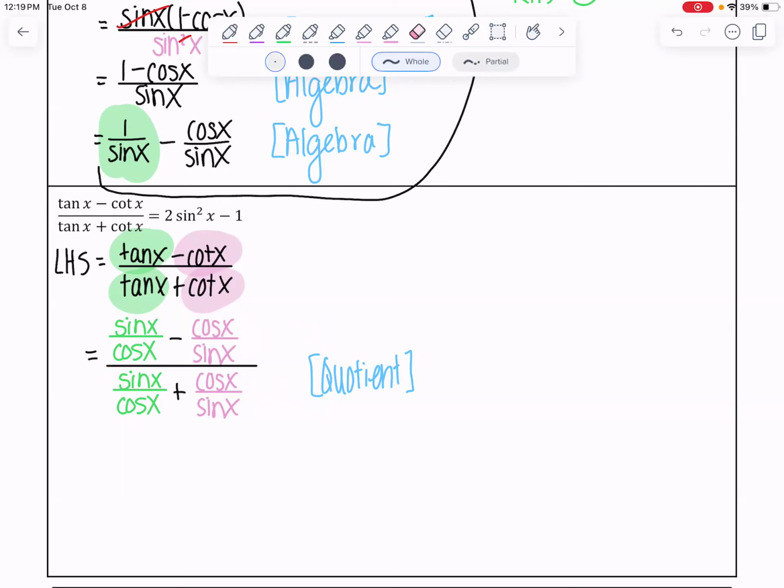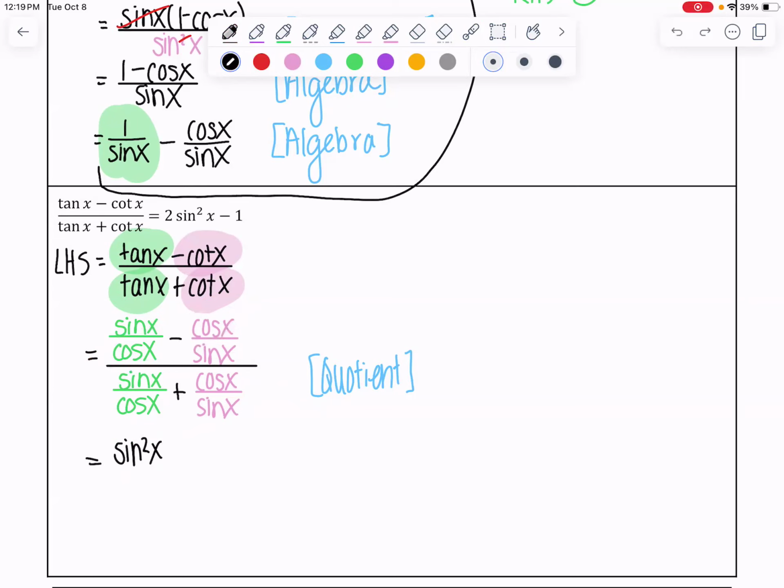So another option we have here is doing a cross. We can simplify the numerator into one fraction and the denominator into one fraction. You multiply, and then you put whatever sign is here, and then you multiply, and then these two multiply in the denominator. So the way that would look, sine x times sine x is sine squared x.